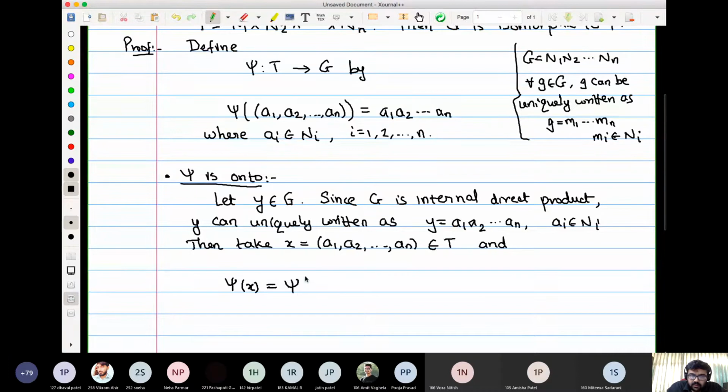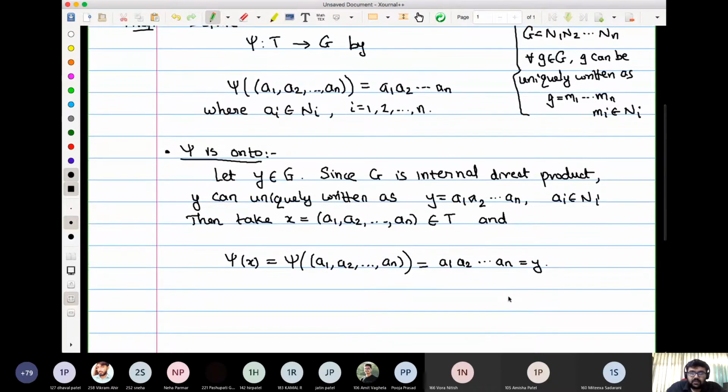Psi of x is nothing but psi of a1, a2 up to an, as defined. This is nothing but the product a1 a2 an, and this product is an element, this is y. This is an element of G. So psi is onto.